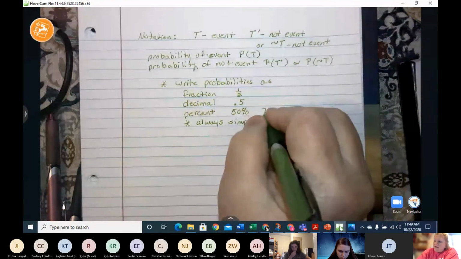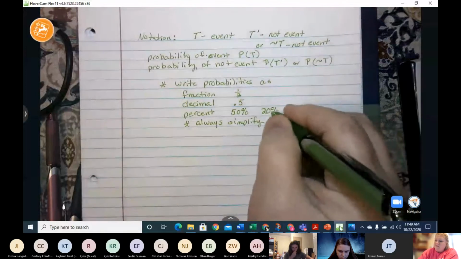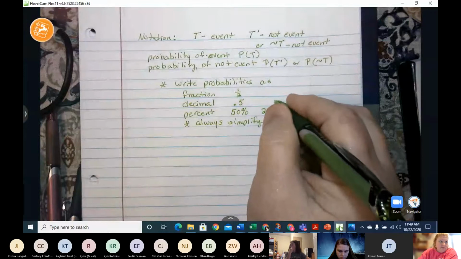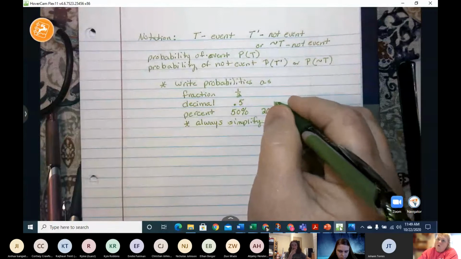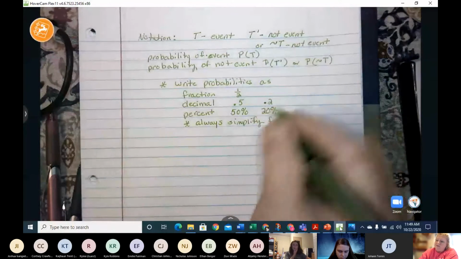In reverse, if I was given the percent, to change it from percent to decimal, I divide it by 100. Or I'm moving the decimal to the left 2 places. And so I get 0.2.